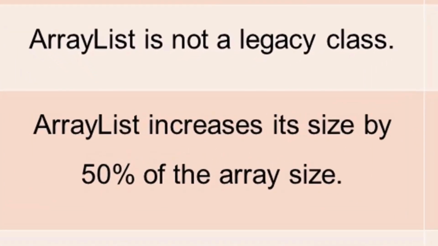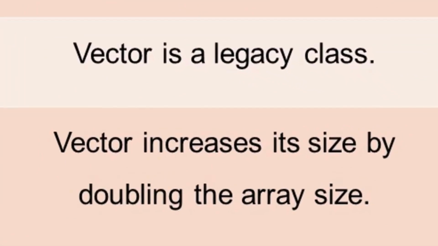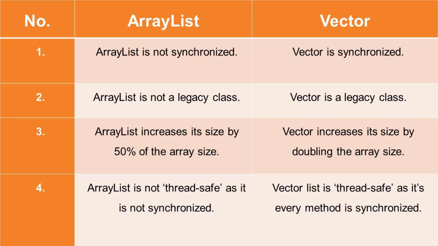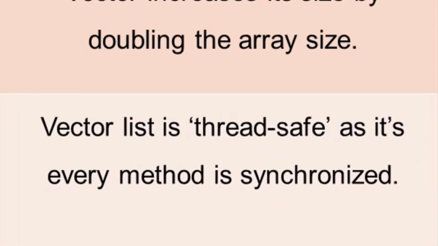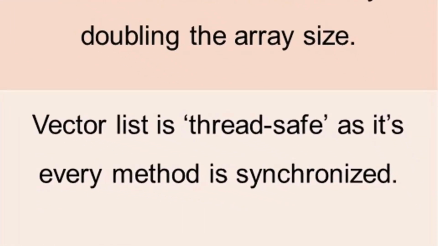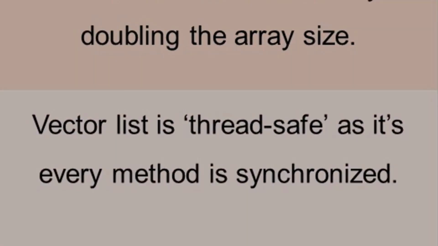ArrayList increases its size by 50% of the array size. Vector increases its size by doubling the array size. ArrayList is not thread safe as it is not synchronized. Vector is thread safe as its every method is synchronized.